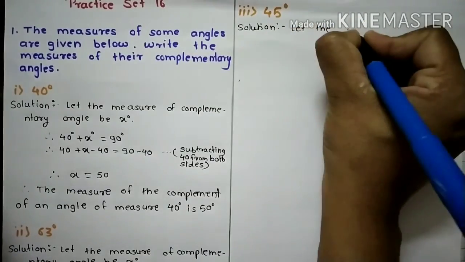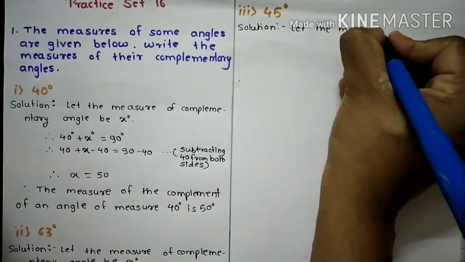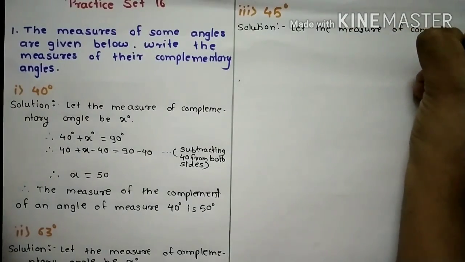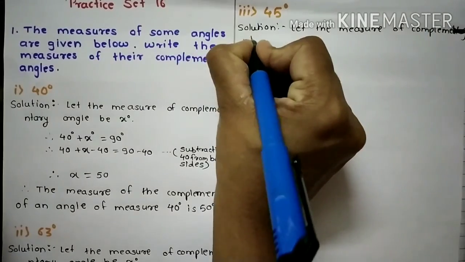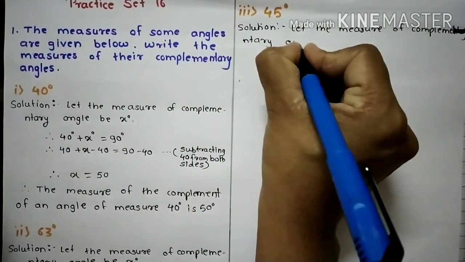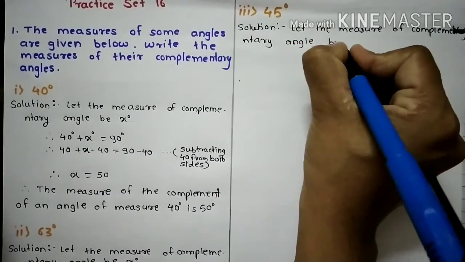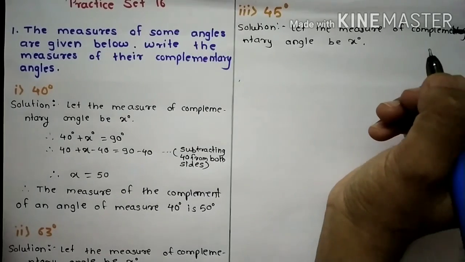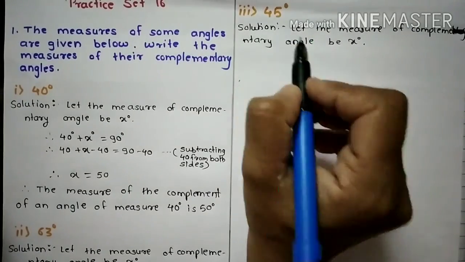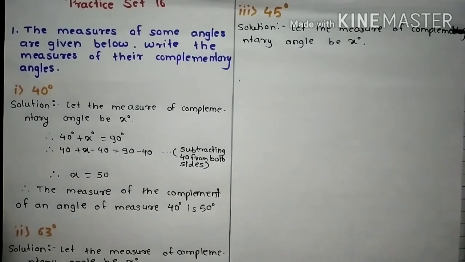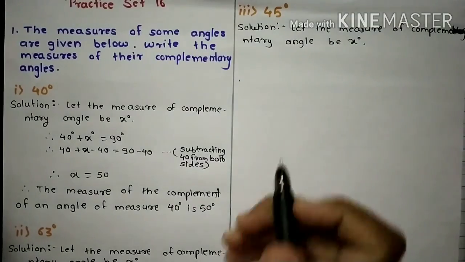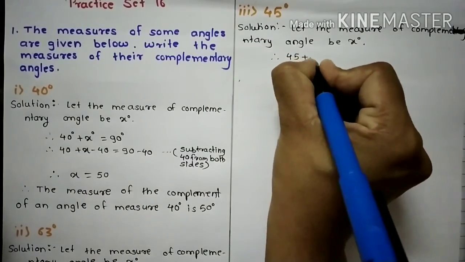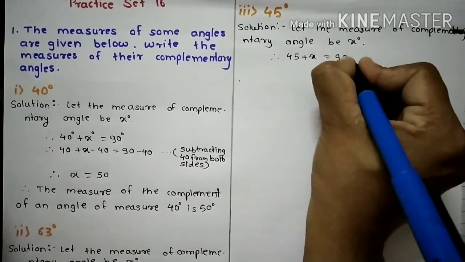Let the measure of the complementary angle be x degrees. We know that complementary angles means the addition of these two angles is 90 degrees. Therefore we write 45 plus x equals 90.